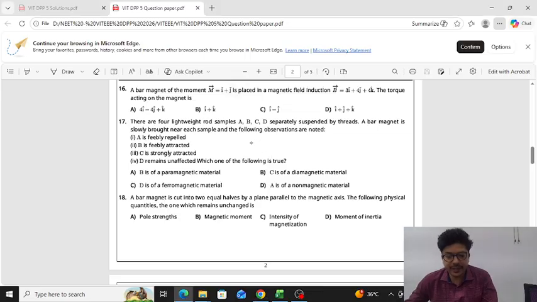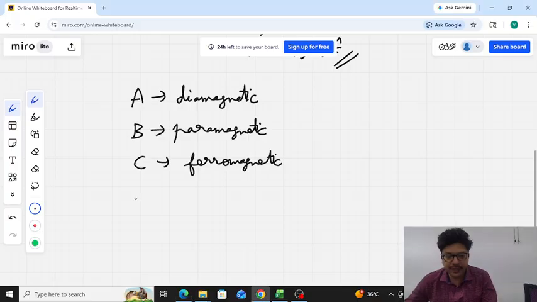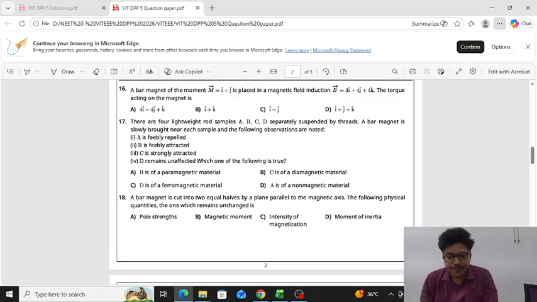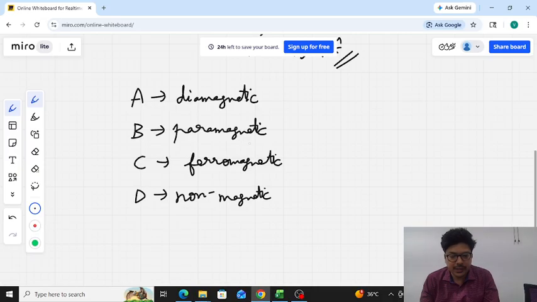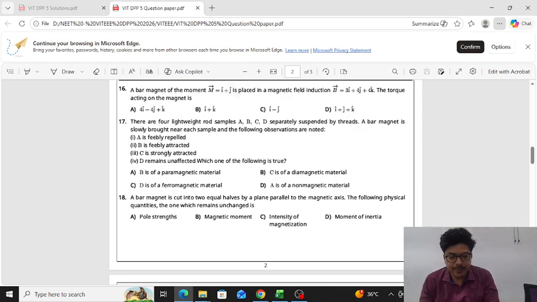D remains unaffected, so D should be non-magnetic. So the answer for this question: B is a paramagnetic material, option A.